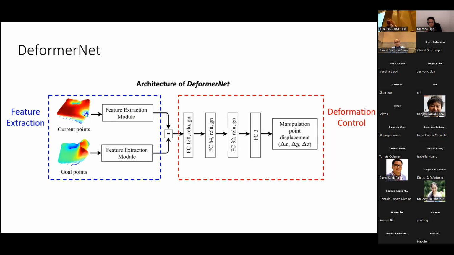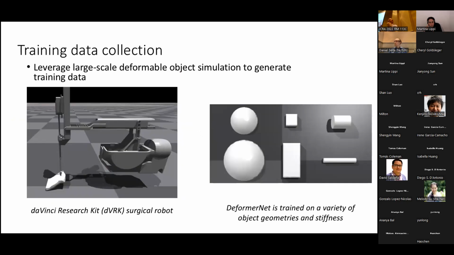So how do we overcome this fact that we don't actually have the ability to get a lot of data from people, right, when we're deforming people, which is really deforming? So we're leveraging large-scale simulation to take steps toward that. And so this is what it looks like right now. We've got a simulated surgical robot over there on the right.